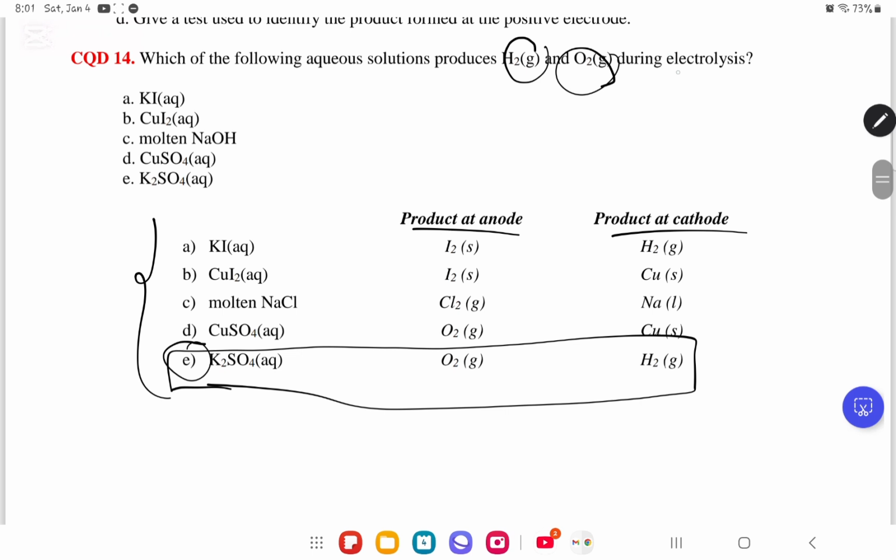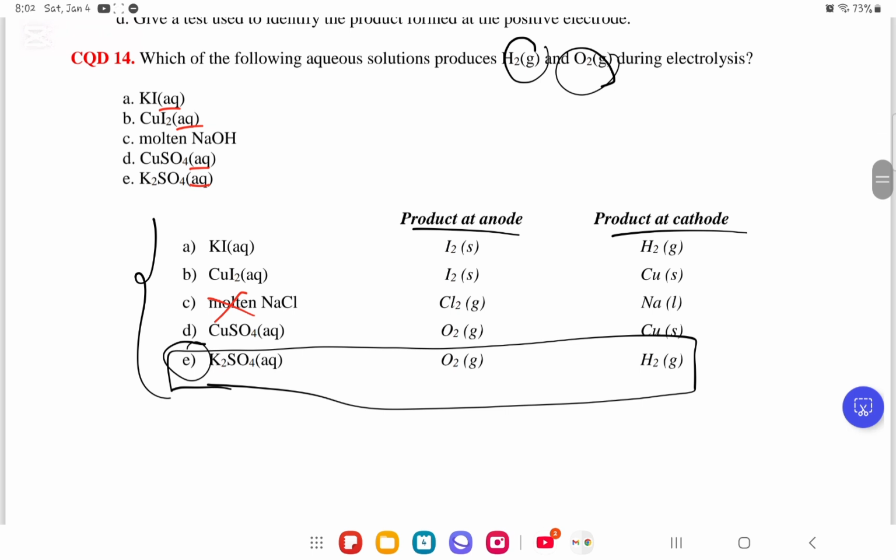If you want to know which one forms at which, first thing we need to know is, is it aqueous or not? So C is molten, we don't choose it. Second thing we need to know, is it concentrated or not? They did not give us that information, so we're just going to assume that everything is concentrated.